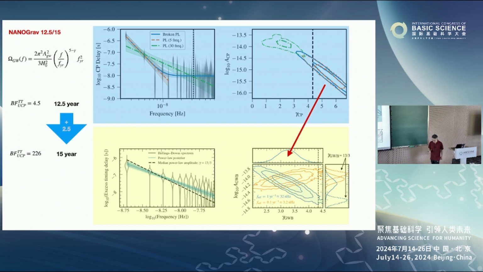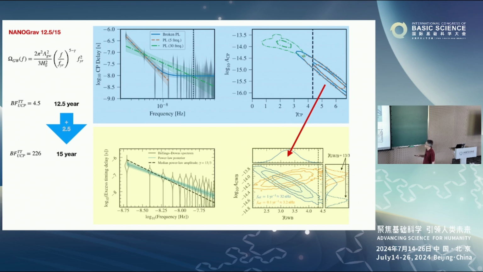Another thing I want to point out is that before the 15-year data release, they also released 12.5-year data. They only have 2.5 years more data, but the Bayes factor improved from 4.5 to around 200, right? But the shape of the spectrum is quite different. For example, the spectral index gamma in the 12.5-year data is larger than around 5.